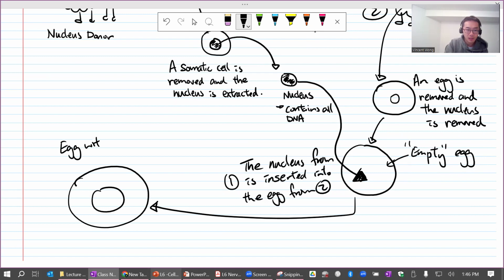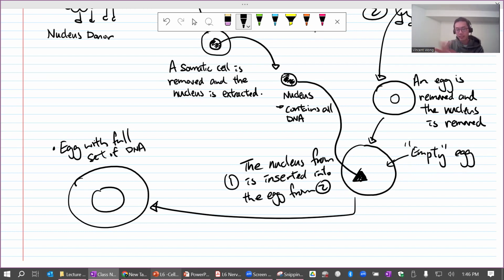An egg with a full set of DNA. It is as if the egg got fertilized. Do you understand? Because normally the egg only has half a set, right? To get the missing half, you need the sperm to fertilize the egg, and then you have the full set.